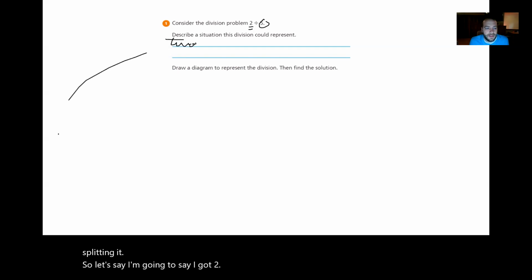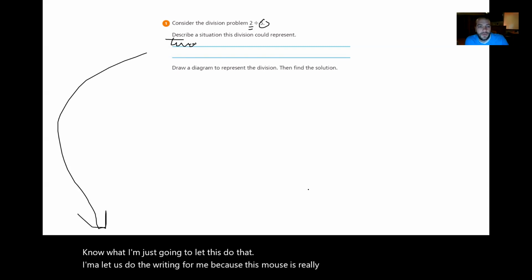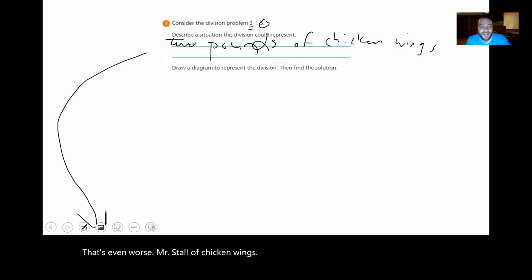You know what? I'm just going to let this do the writing for me because this mouse is really hard to write. I have 2 pounds of chicken wings. It's the chicken wings. And 5 people are splitting it.